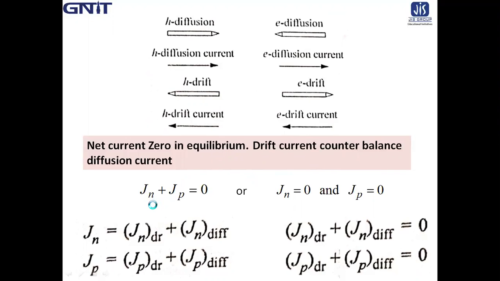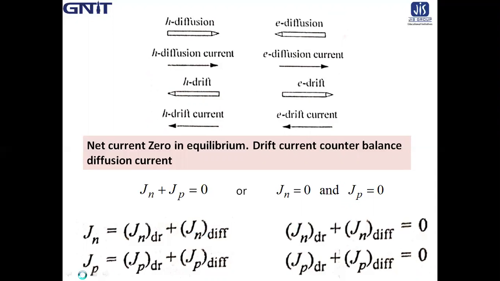Therefore, Jn plus Jp equal to 0, or we can say Jn equal to 0 and Jp equal to 0. Now Jn is not equal to minus Jp, otherwise the electron current and hole current would be oppositely directed.